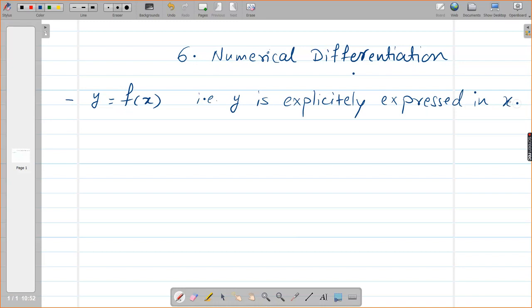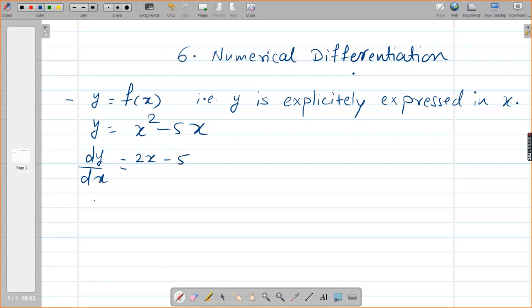If you know y is equal to x square minus 5x, then you can easily find its derivative. What is dy by dx in that case? The derivative of x square minus 5x is 2x minus 5.